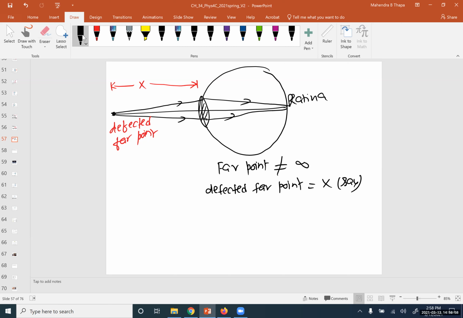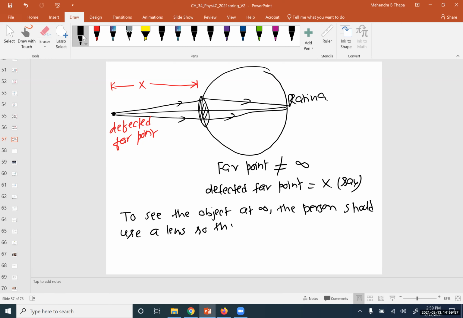Okay, so this means to clearly see the object at infinity, the person should use a lens so that the object distance equals infinity and the image distance equals this defective far point.